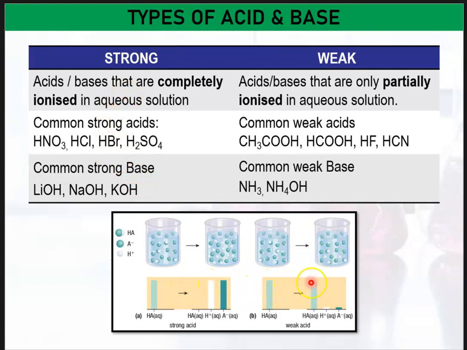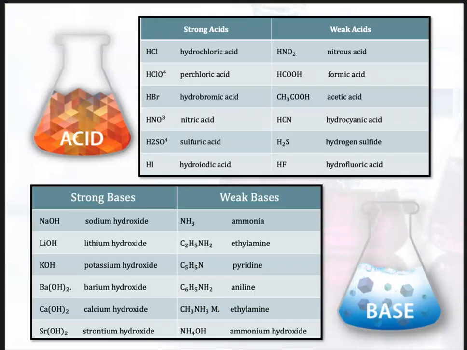This is very important for you to understand because it will affect our calculation of pH and pOH for strong acid and base, and also weak acid and base. So this is an example of strong acid, weak acid, strong base and weak base.